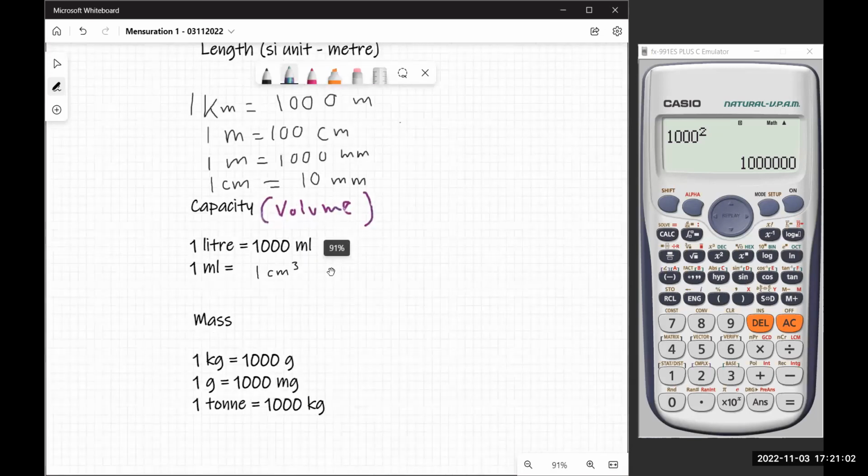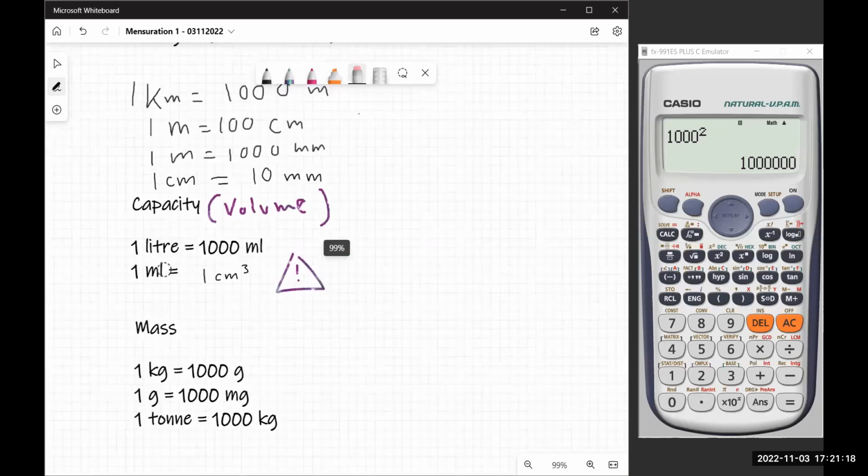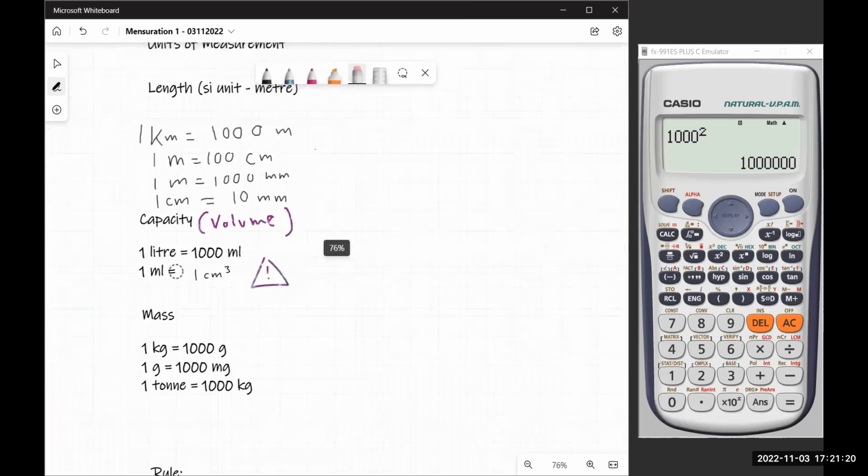Now I've given you 2 rules to memorize. 1 liter is 1000 ml. 1 ml is 1 cm cube. This one is important, the second one. That is the biggest mistake students make, especially last year's batch. Fine. Let's go back there.